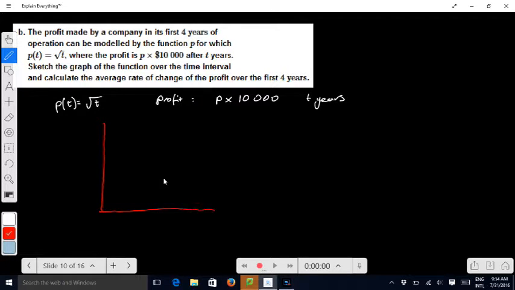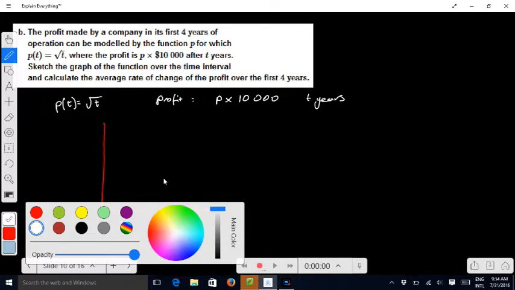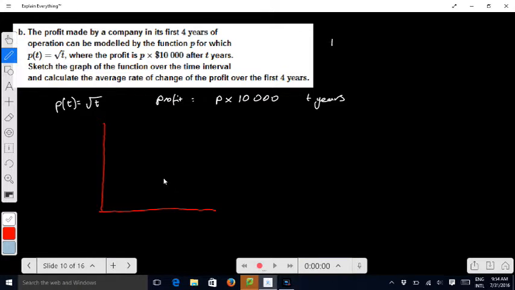So we've got our set of axes and our initial. So when t equals 0, we have the square root of 0, which is 0, and we have 4 years, so P of 4, square root of 4, which equals 2.